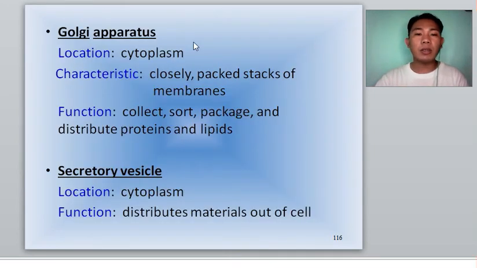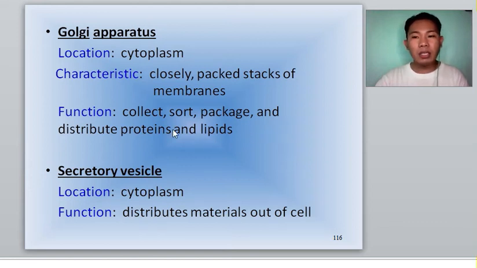Another structure is the Golgi apparatus, and Golgi apparatus are closely packed stacks of membranes that function to collect, sort, package, and distribute proteins and lipids. Just like in manufacturing plants, there are what we call packaging areas.